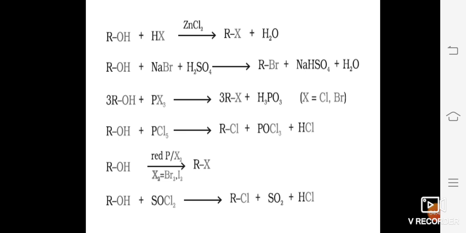Or alcohol in the presence of red phosphorus and halogen gives alkyl halides, but the use of red phosphorus is a little dangerous. In the next example, an alcohol ROH when heated with thionyl chloride, SOCl2, gives an alkyl chloride plus sulfur dioxide, SO2, and hydrogen chloride gas.